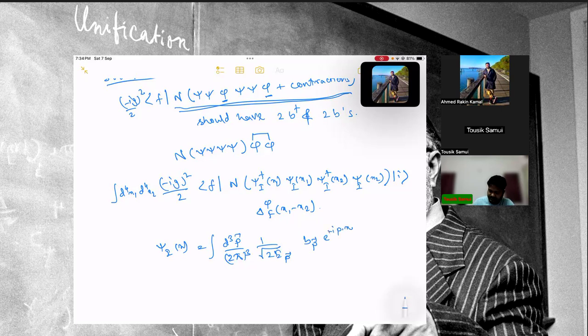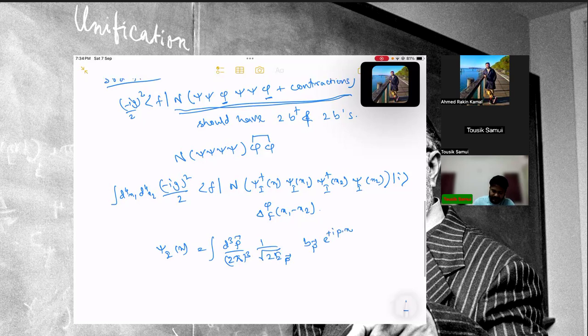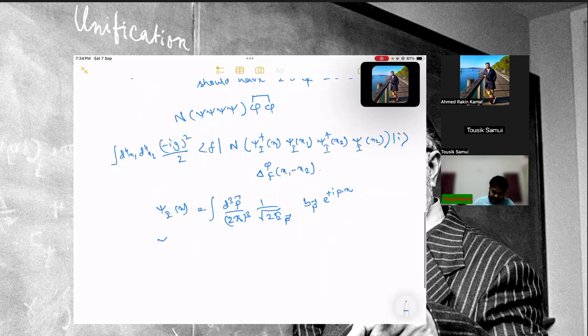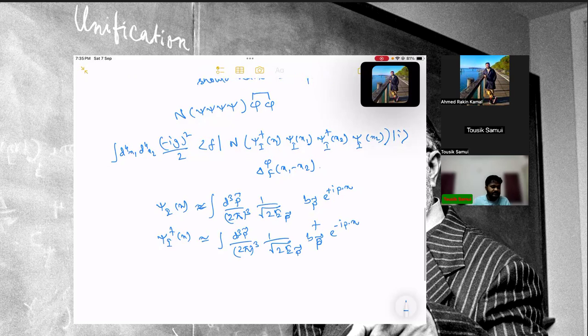So the plus sign, and from psi dagger we will have this. So this is the only surviving part.